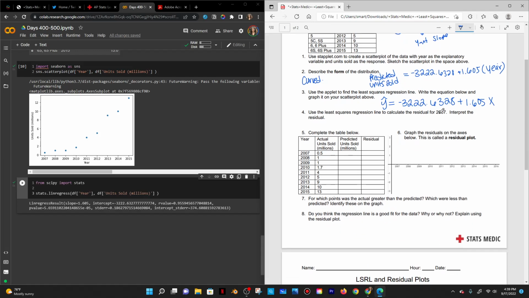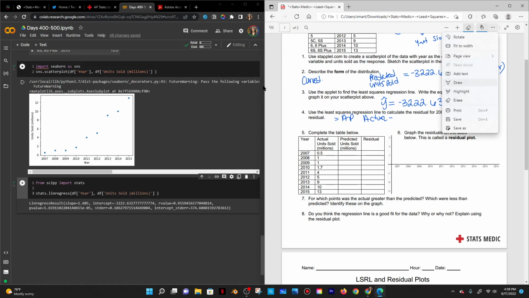Use the least squares regression line to calculate the residual for 2007. Interpret the residual. So again, the residual is A minus P, the actual minus the predicted.